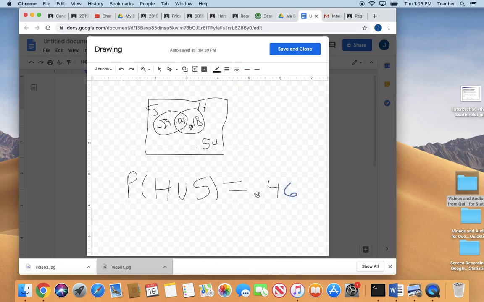Because if you count them with S and you count them with H, you would have double counted them because they're in the circle of S and they're in the circle of H.